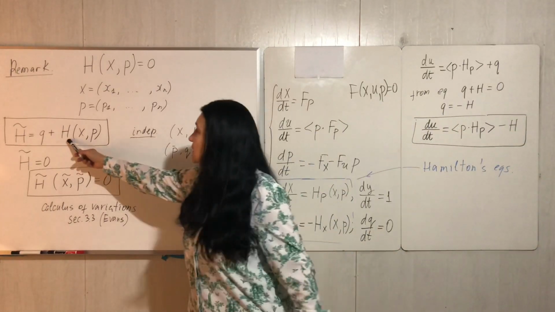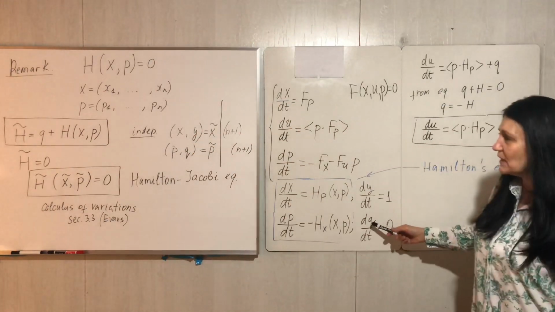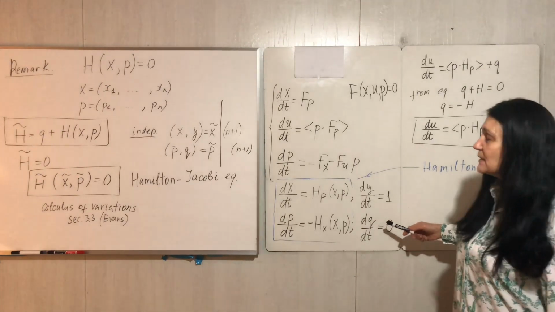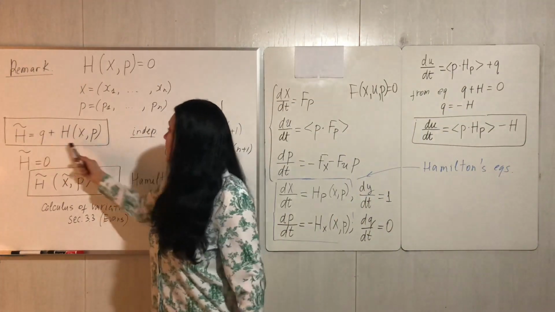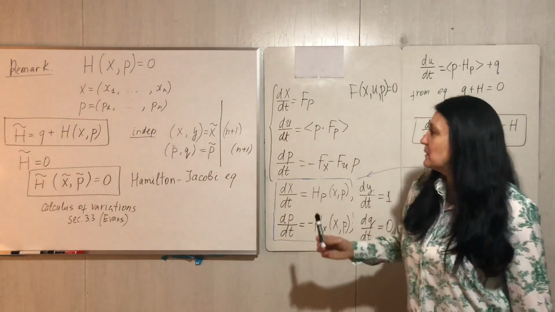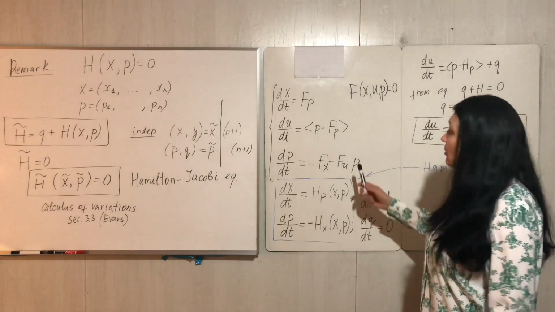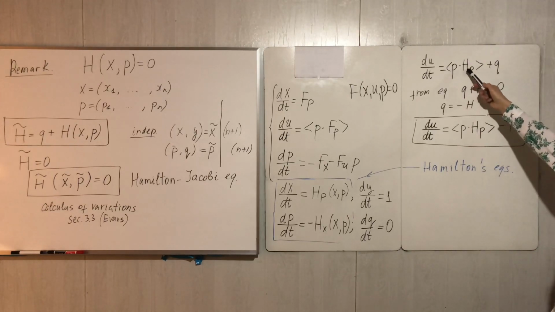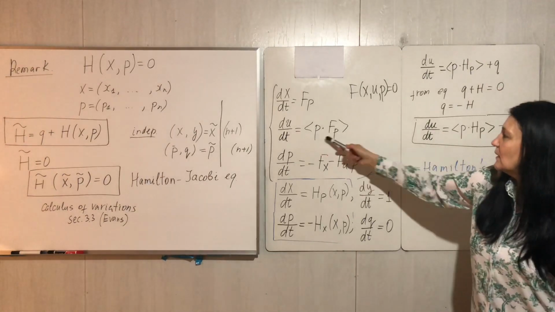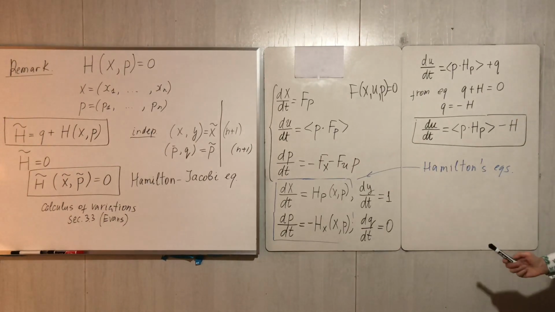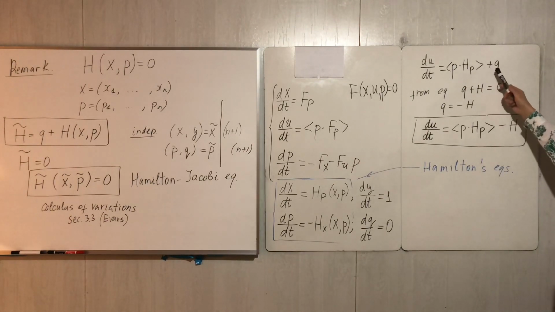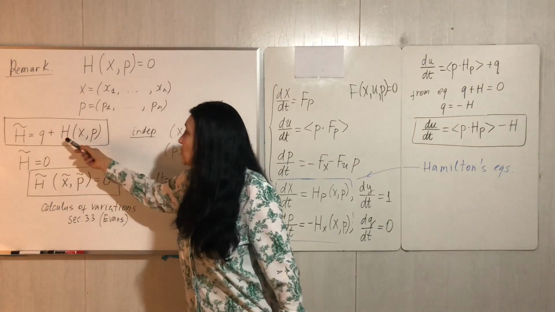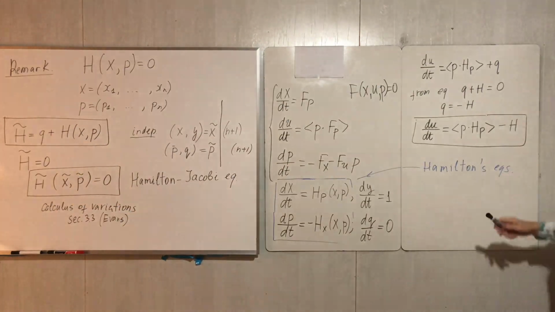So it will be again the same h without tilde, and for the last equation, we will have dq/dt equals 0, right? Because there is no explicit dependence on y. And for u, we had this equation p times h_p, right? If we write the first n components, and for the last one, it will be q, and the derivative of this with respect to q is 1, so it will be just q times 1.